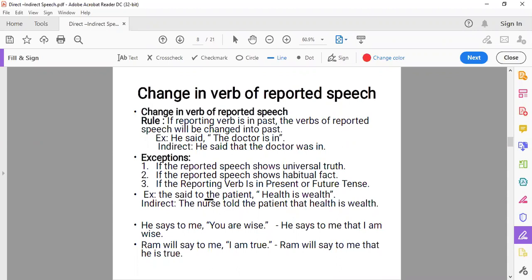But if we are not given any object in the reporting verb, then we will not change this verb into told. Like in the sentence above, he said the doctor is in. There is no object given. He said to me or to him, no object is given. So we have not changed said into told. It will remain the same. He said. It can be in the present also.